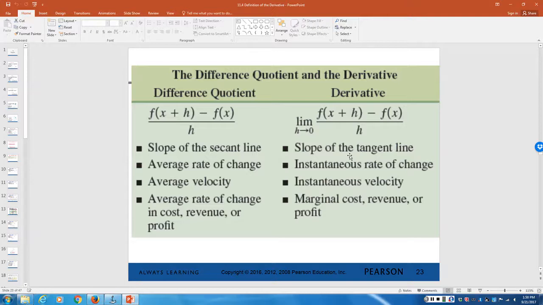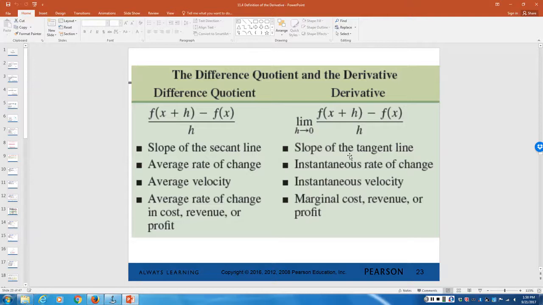A difference quotient, f of x plus h minus f of x over h, is the slope of a secant line, the line that touches in 2 points. Okay? That's a secant line. You have x and f of x, and you have x plus h and f of x plus h.